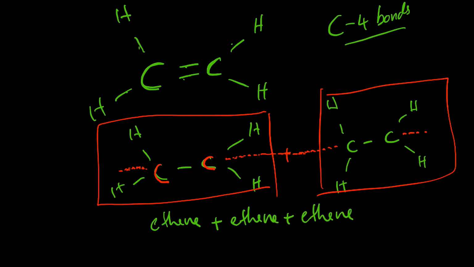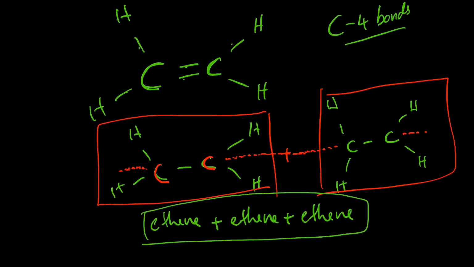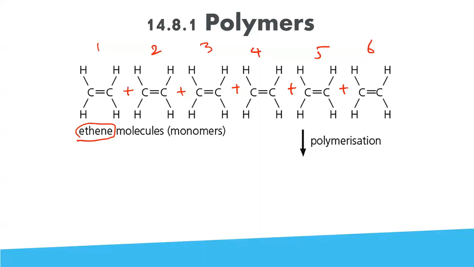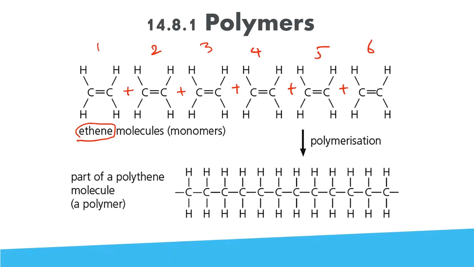So if you are to draw the structure of the large molecule which is formed when all these ethene molecules combine, we don't know how many ethene molecules there are. So there is a specific way to draw the structure of the polymer. But the simple idea is, in this example, all the ethene molecules are added, right?